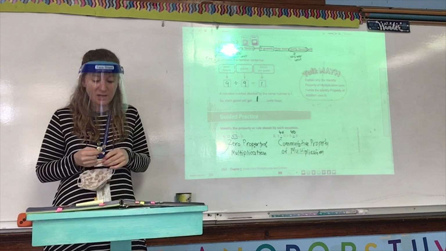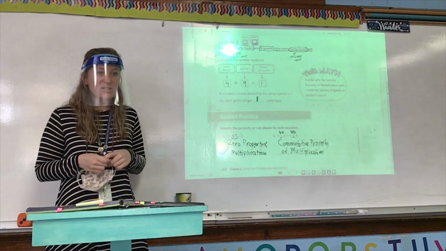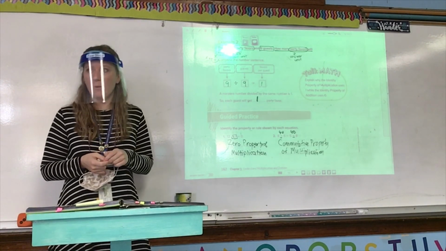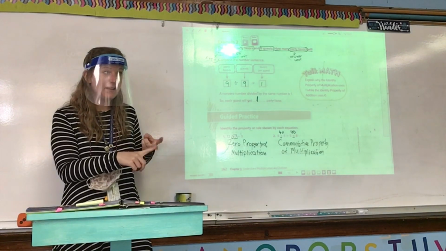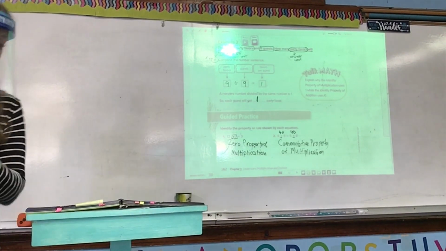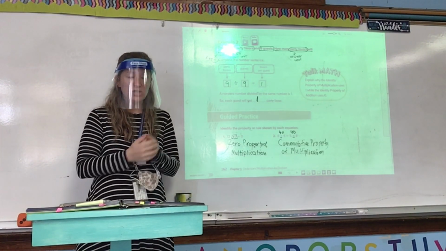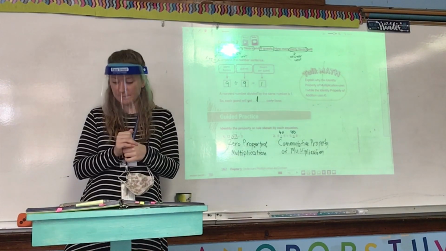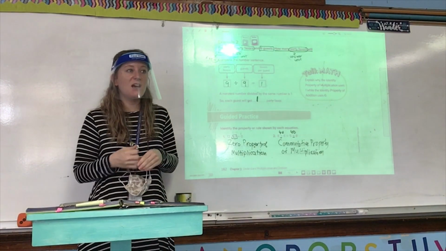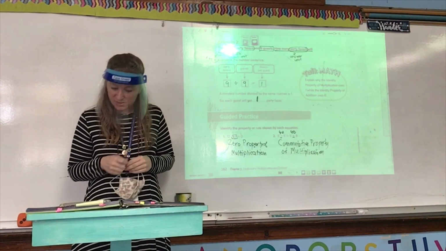So if there is a part that says, write a variable, make sure you have a variable. You always have to have an equation, the answer, and the unit for the answer. Make sure you have the correct unit. If it also tells you to write the property you used, write the property you used.